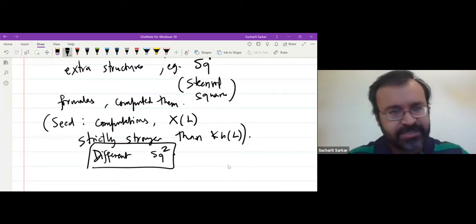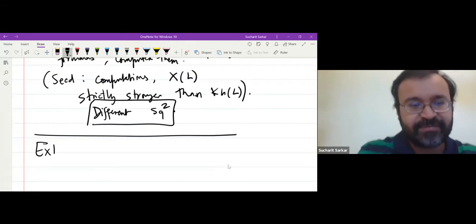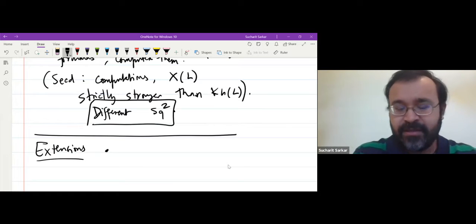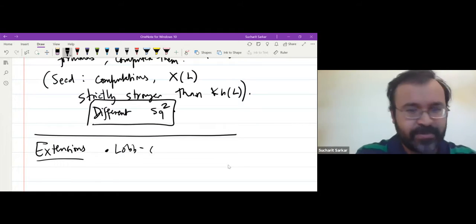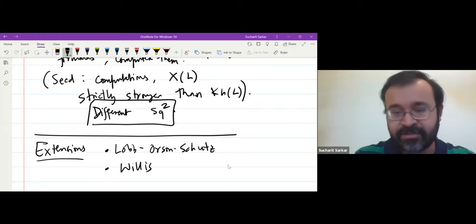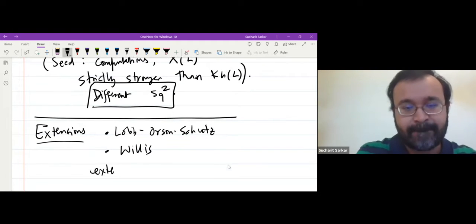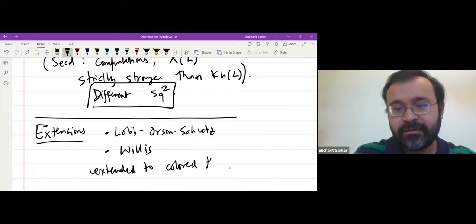Okay, and this is still about the Khovanov homotopy type, but the theory has had extensions. So let me mention a few. Separately, independently, there are Lawson, Lipshitz, Sarkar, and Mike Willis, and they extended the theory to colored Khovanov homotopy type.